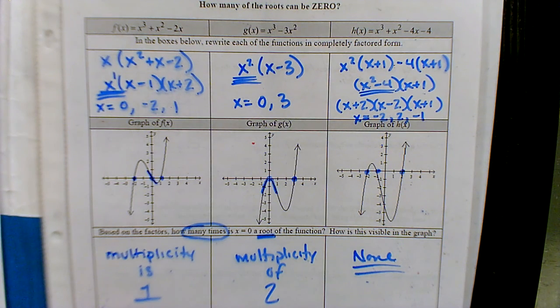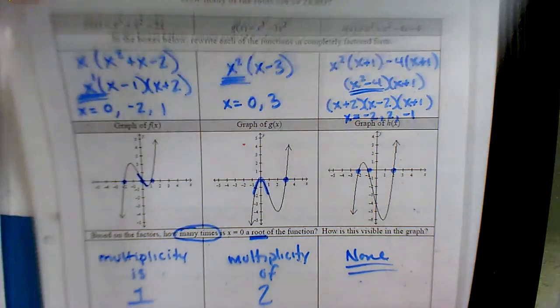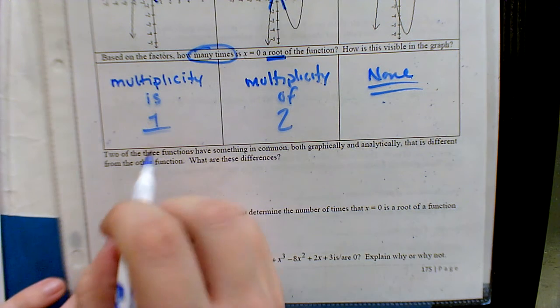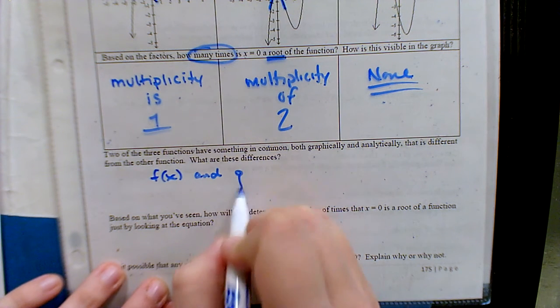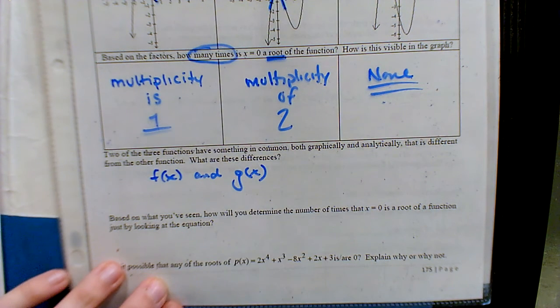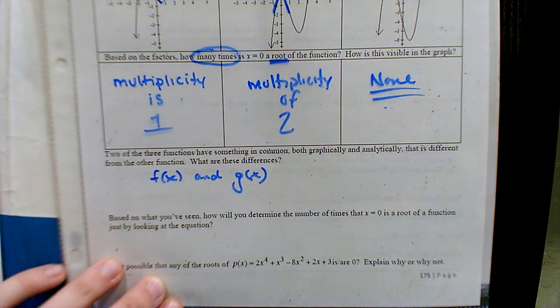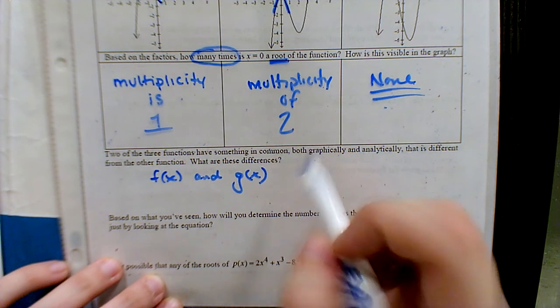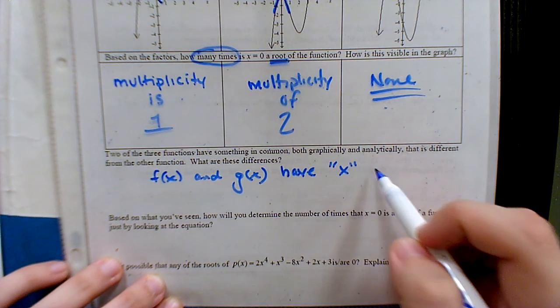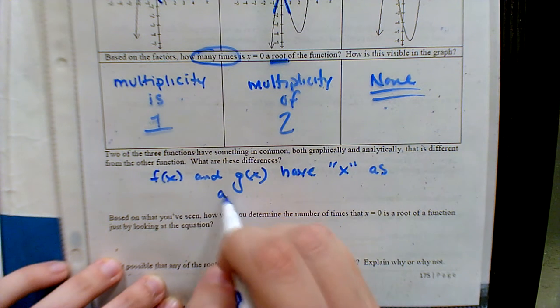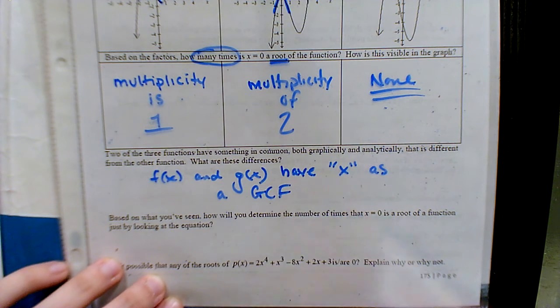You could pull an x out of it. Okay? So we will say f of x and g of x, those are the first 2 at the top, because notice how the third one's labeled h of x. F of x and g of x have the variable x as a GCF.